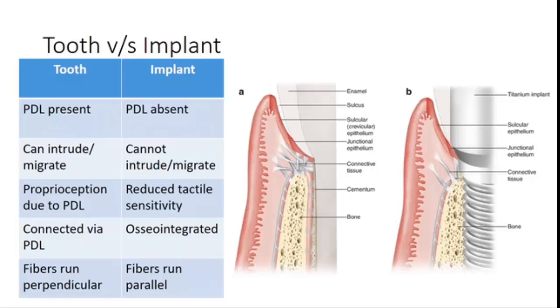The proprioception, which is present in the normal natural tooth, is very much reduced in the dental implant. Normal tooth is connected with the bone with the periodontal ligament fibers, whereas in dental implants, it's osseointegrated.